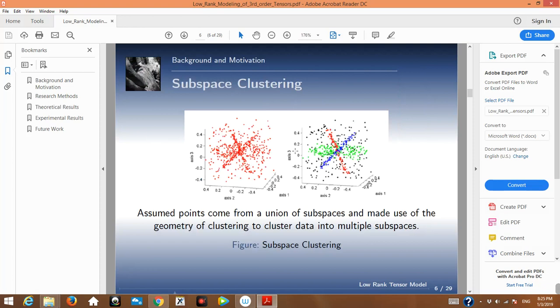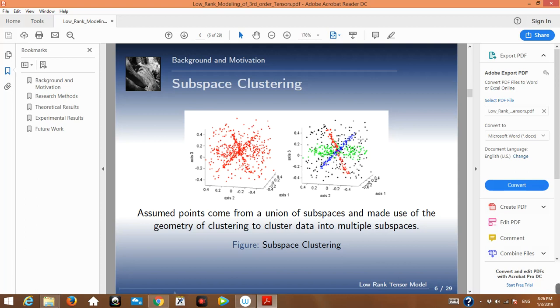Another application of low-rank structure is called subspace clustering. This technique works better in high-dimensional data. For example, this is different from traditional k-means clustering. K-means clustering separates a data set into k clusters, where points in the same cluster are very similar and points in different clusters are very different.